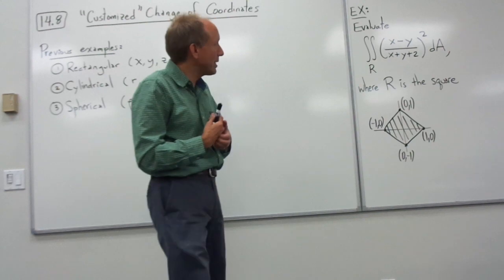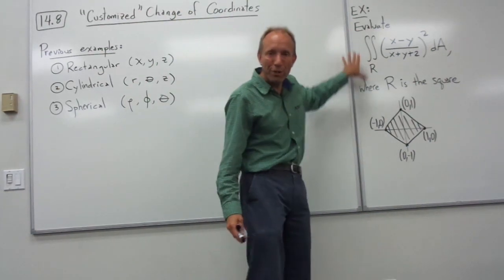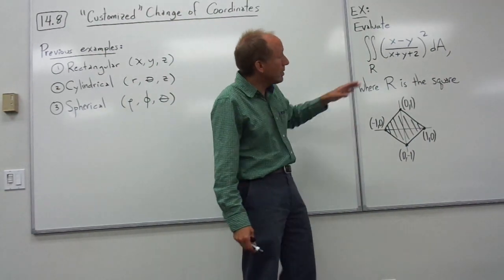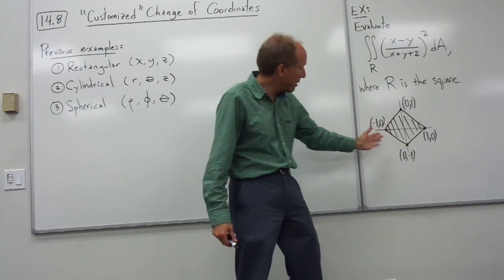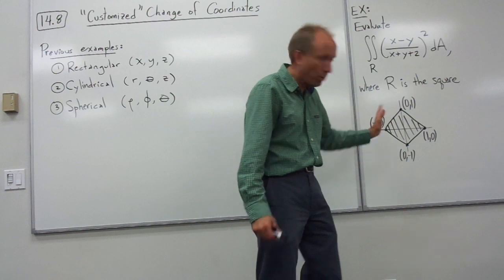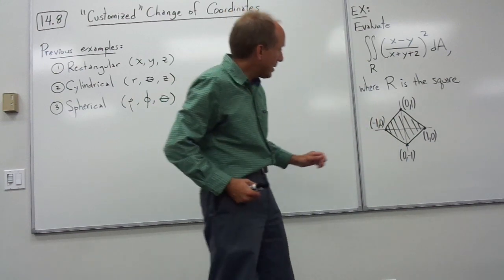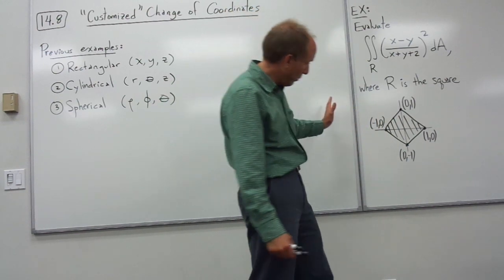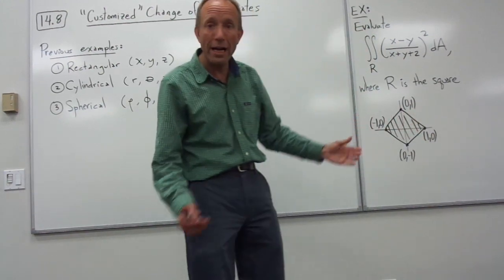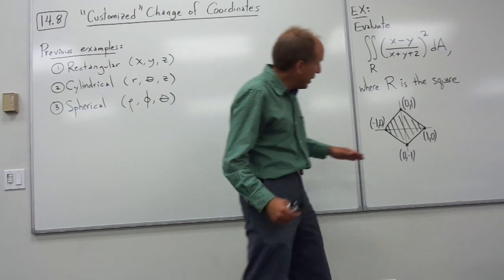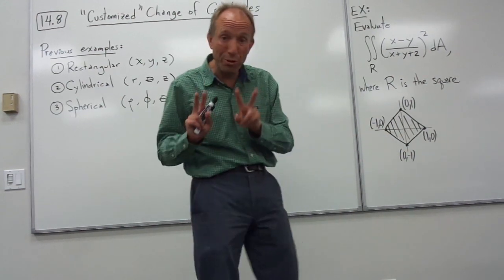So I'm going to show you an example. I've stated a question over here on this side of the board. It's a double integral over a region. Now look at the region here. It's kind of like a square, but it's tilted. And it's tilted in such a way that if you were to integrate with either variable x or y on the outside, you would have to set up two integrals.